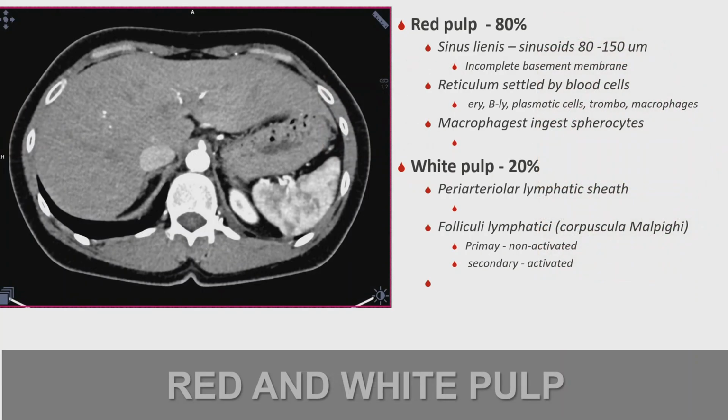The spleen consists of two kinds of tissue, red and white, like wine, but not wine, pulp. Red pulp is dominating, more than 4/5, and it's a sinusoid structure.